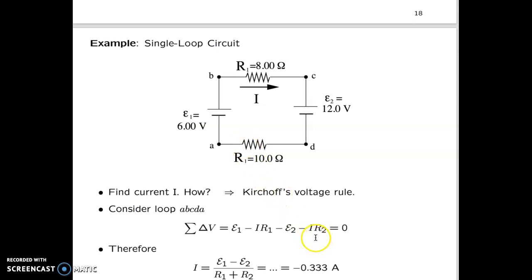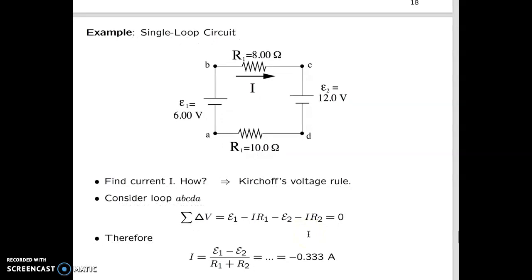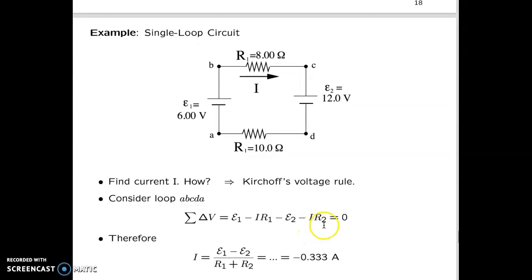I know there will be a potential difference of either positive or negative I times R2. But here I know it's going to be negative, assuming we've guessed the direction of the current properly. Because we're going with the current, which goes downhill, the potential decreases. So it's negative I times R2.